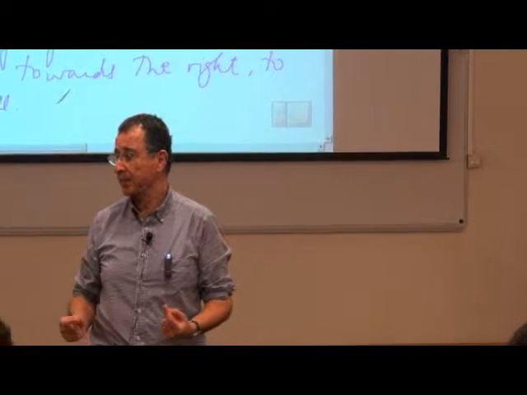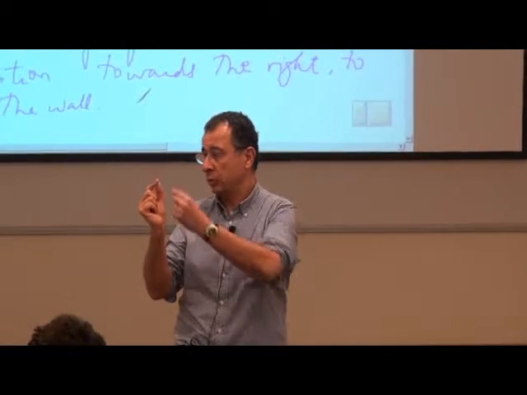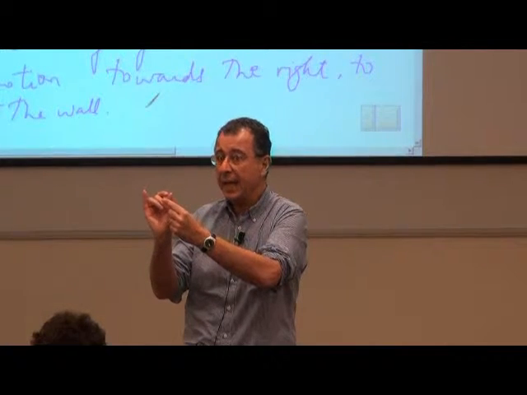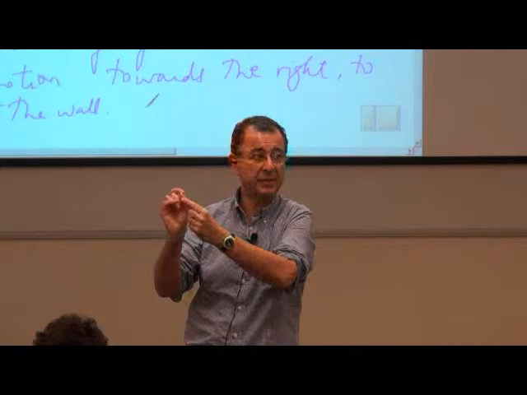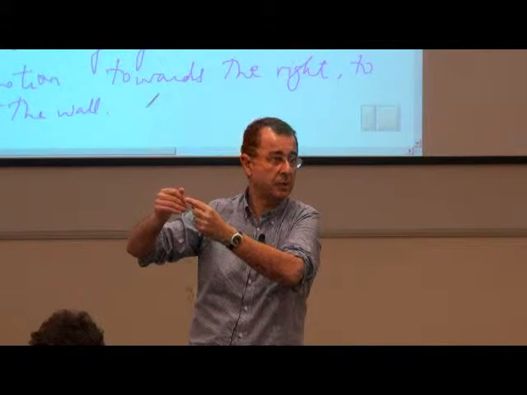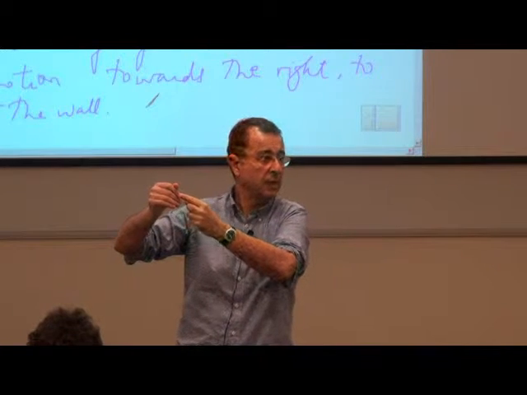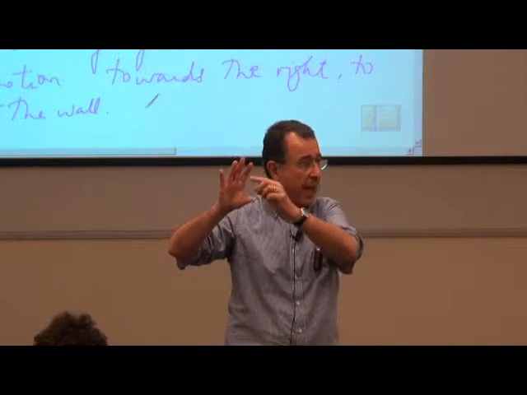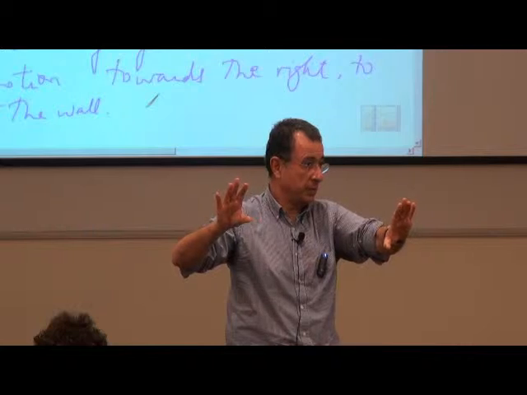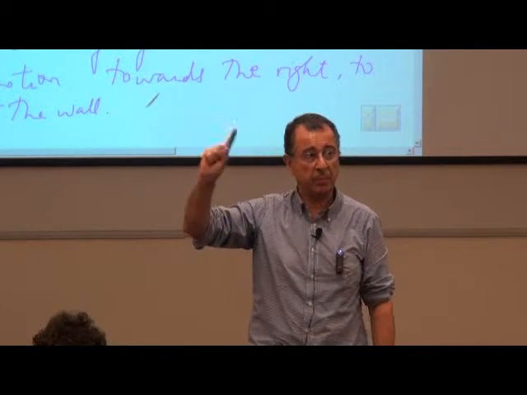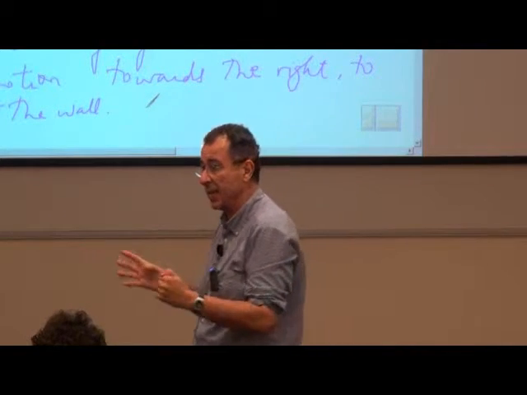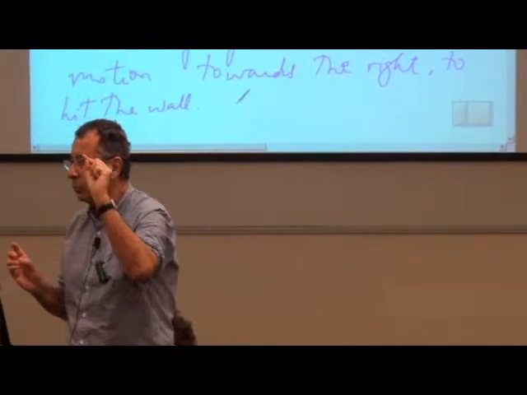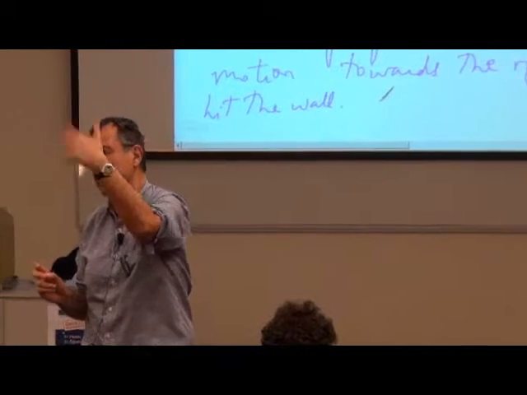What I'm saying is, for every molecule that happens to have an x component of velocity vx equals 3 meters per second, there are as many molecules with that velocity as with minus that velocity. I'm not saying that all of them are moving with the same vx. I haven't got there yet. I just considered one molecule moving to the right with velocity vx, say 3 meters per second.